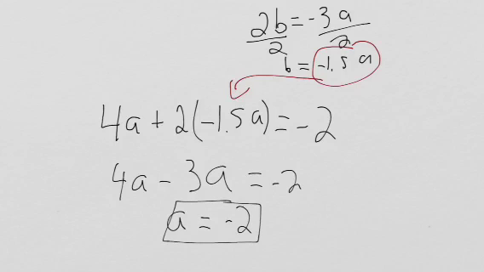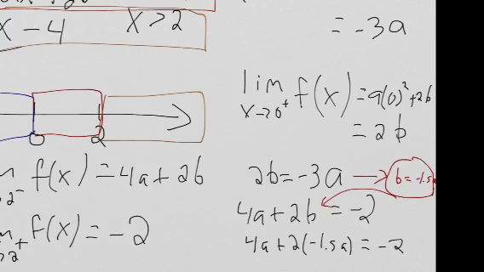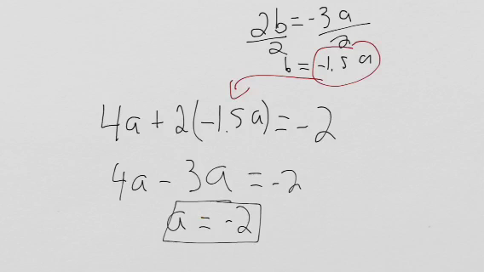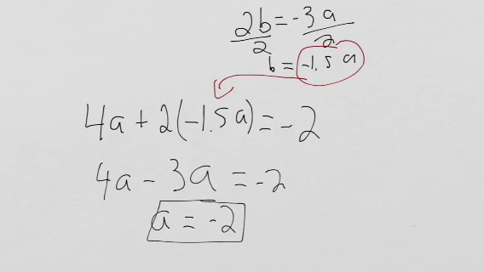All right, that's our first value that we know. Now, looking back, we know the relationship between a and b was that 2b equals negative 3a, so we should be able to solve for b. We also know b equals negative 1.5a, so we can plug a back in here.